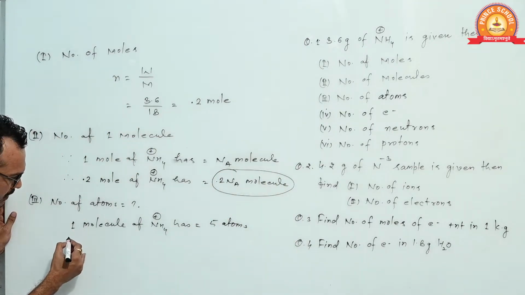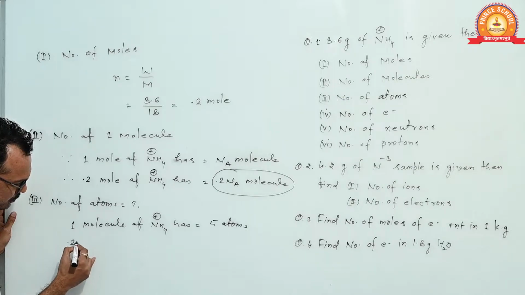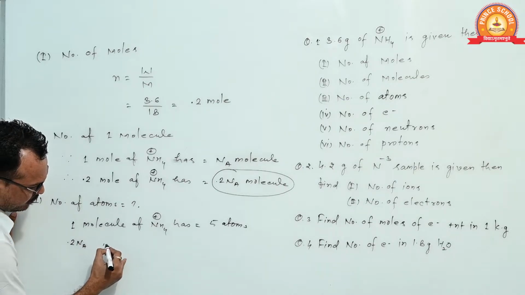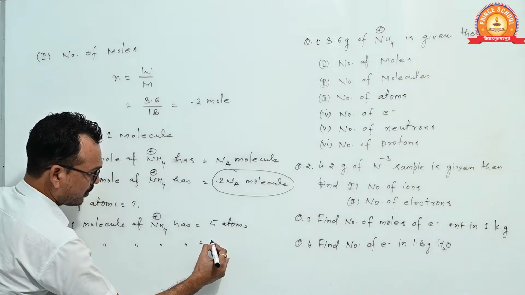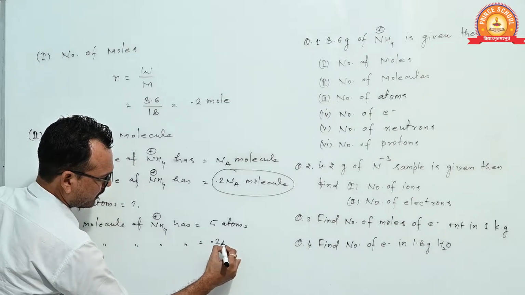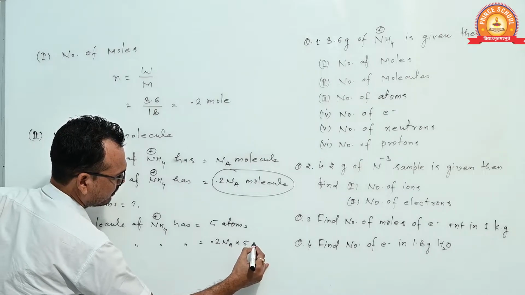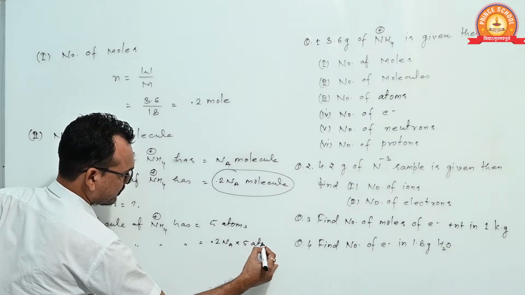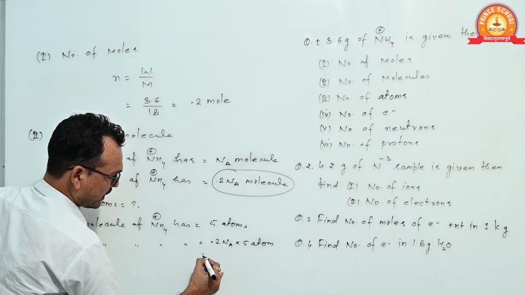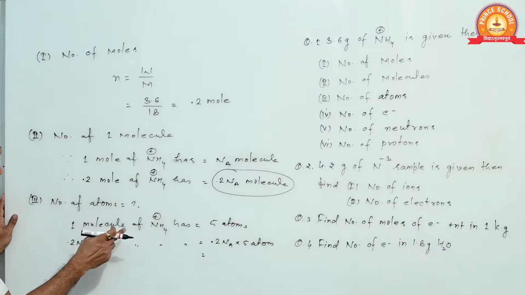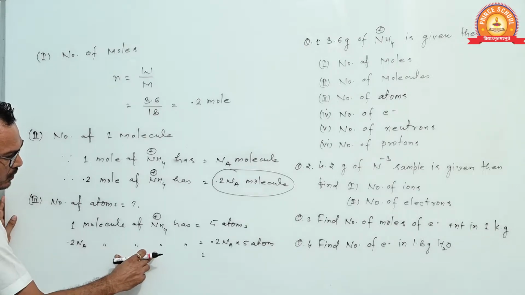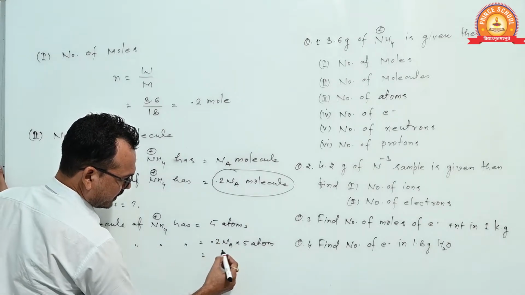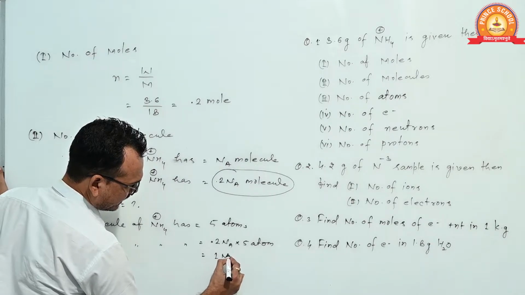Clear? So 0.2 Na molecules of NH4 plus has 0.2 Na multiplied with 5 atoms. Since 1 molecule of NH4 plus has 5 atoms, 0.2 Na molecules of NH4 plus has 1 Na atoms.